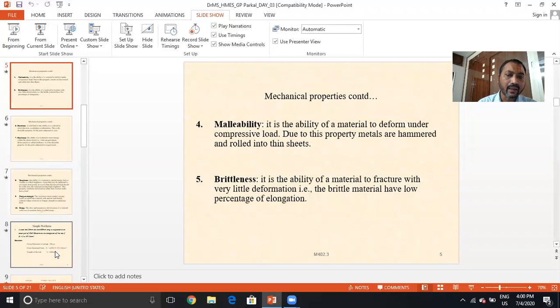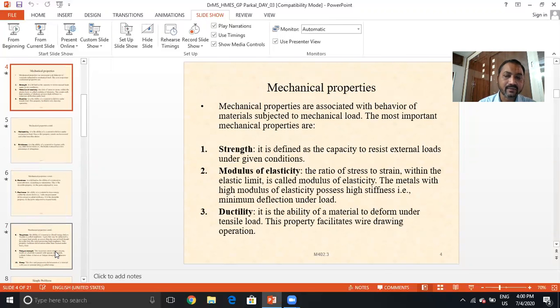And also we have understood the importance of the different properties while selecting a given material for a specific purpose.